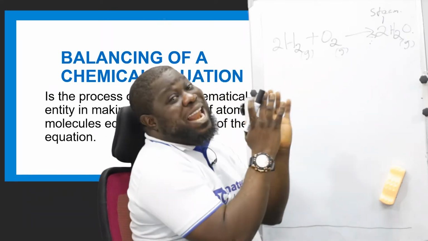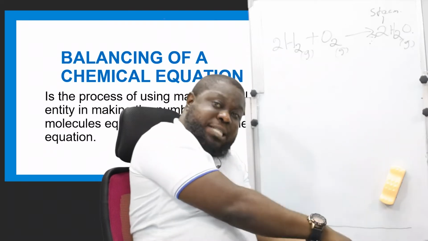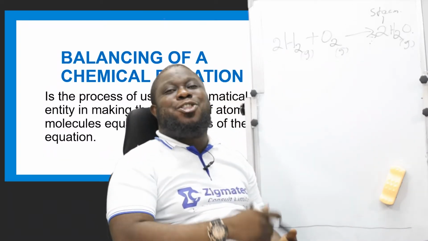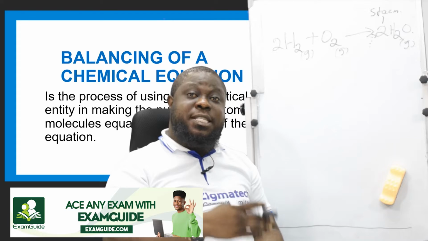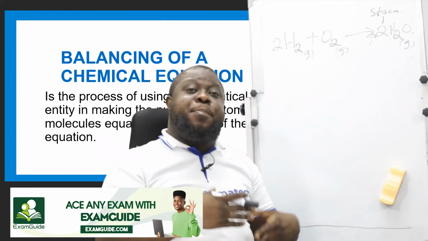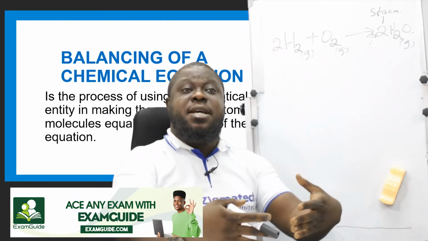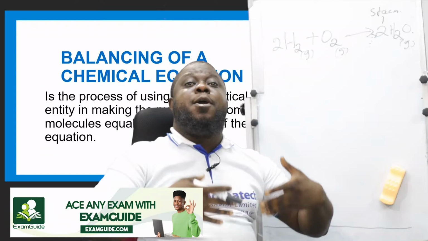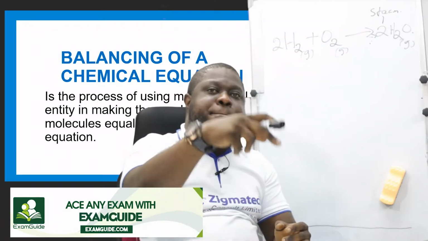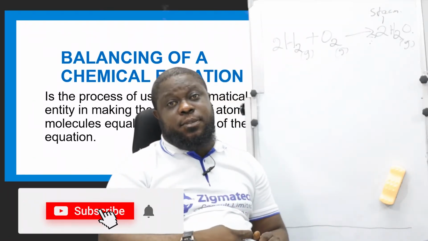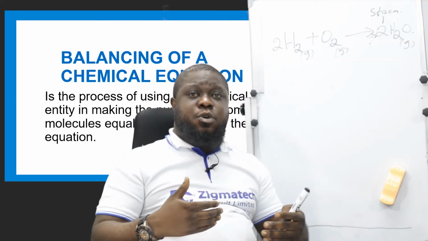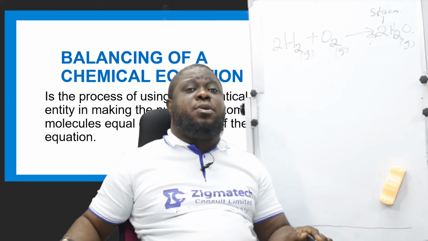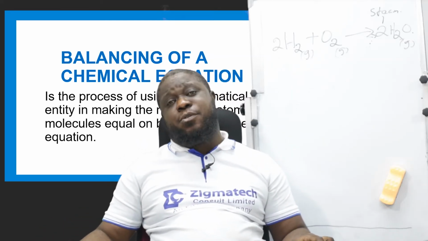You're going to keep balancing until you get to the balanced equation. It's like cooking until the soup is ready for us to eat. That process is cooking, then when the food is ready, the food has been cooked. So when you use numbers to make the number of atoms and molecules the same on both sides, it's called balancing of equation.